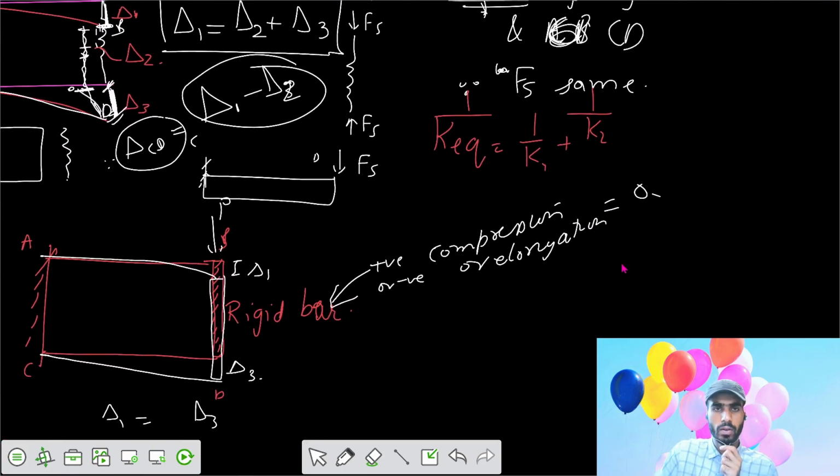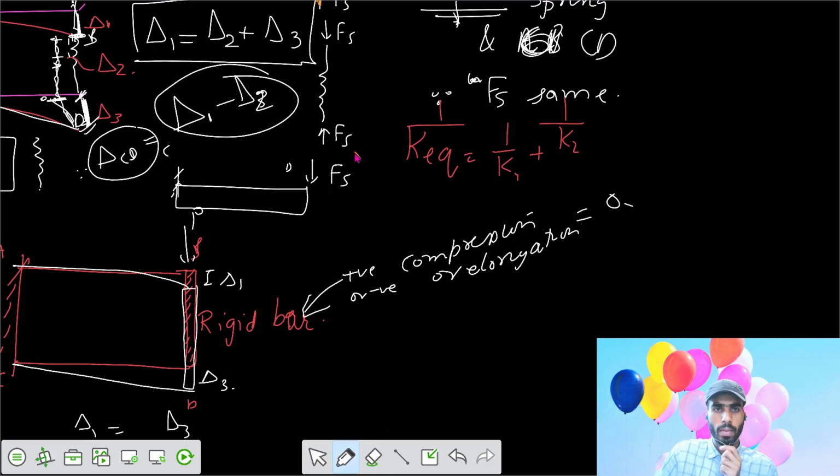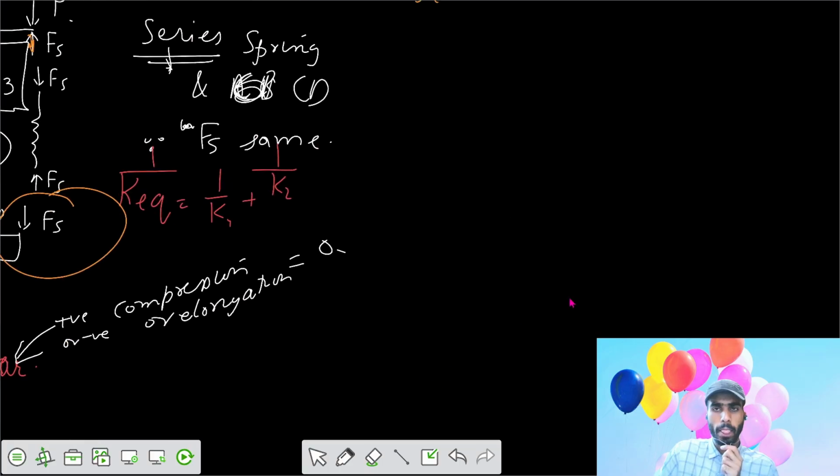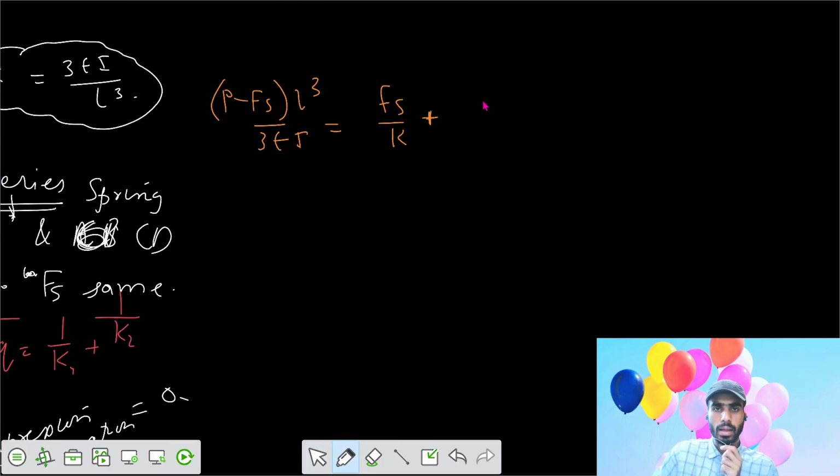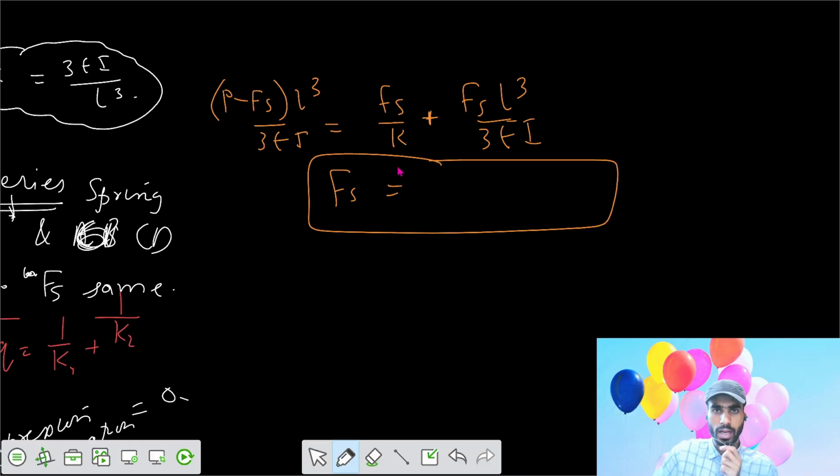For the bar CD, you have the force Fs, so we can write Fs L cube by 3EI. After calculation, you get Fs equals 0.25 of P. That's 25% of P.